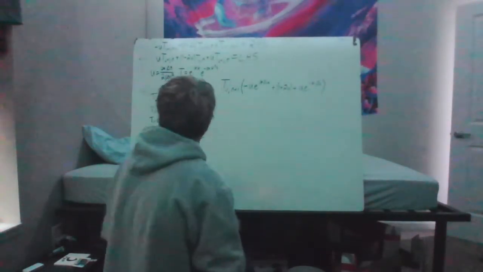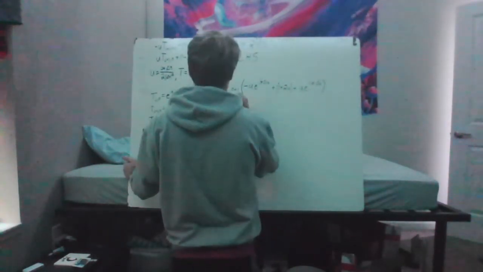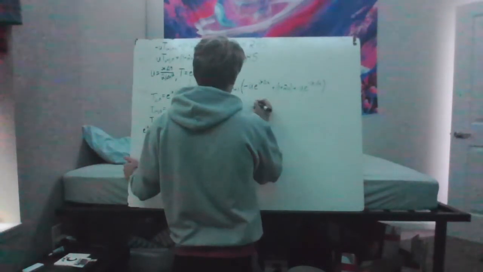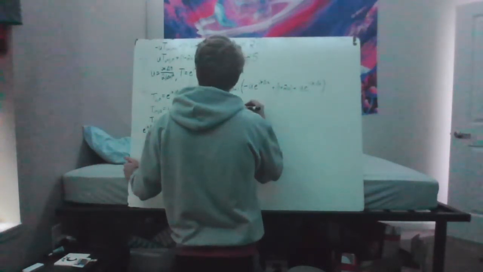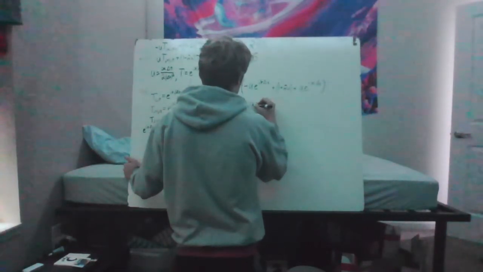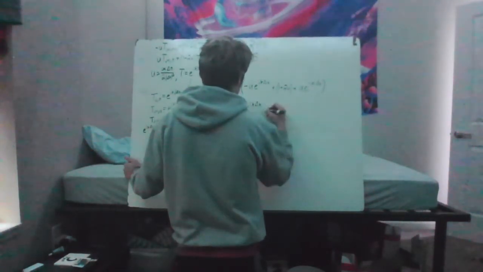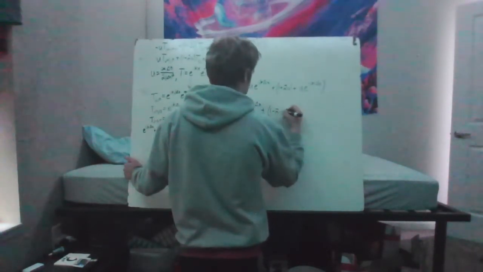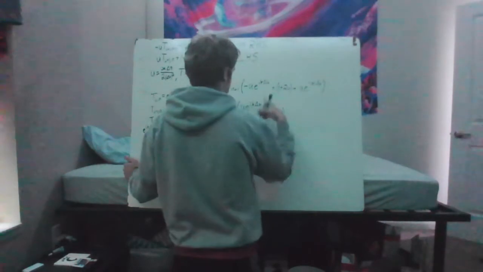So that is that side done, and now we can do this side, where we want it in terms of T_{j,n}, and this time we have u, and it's going to be basically the same as up here.